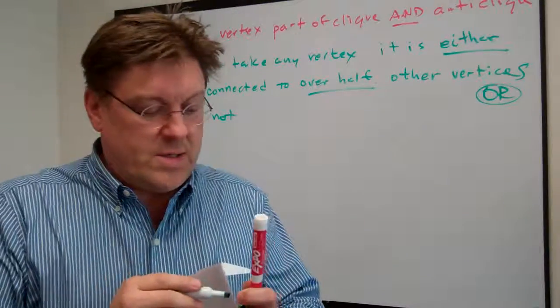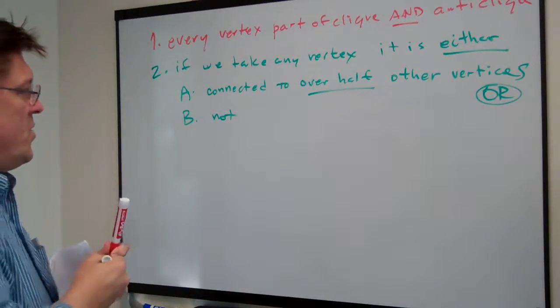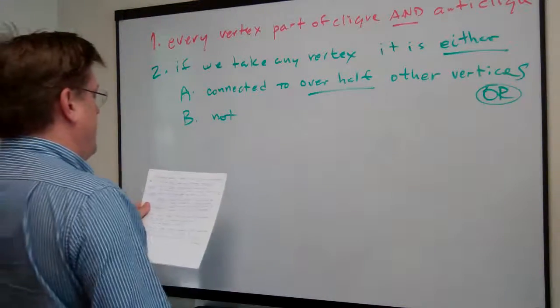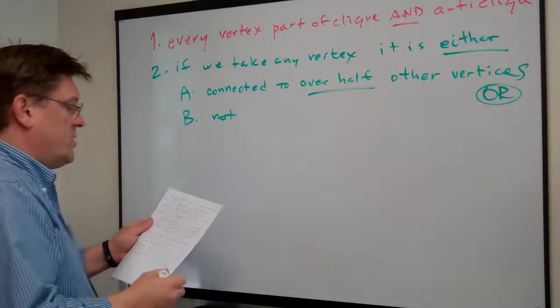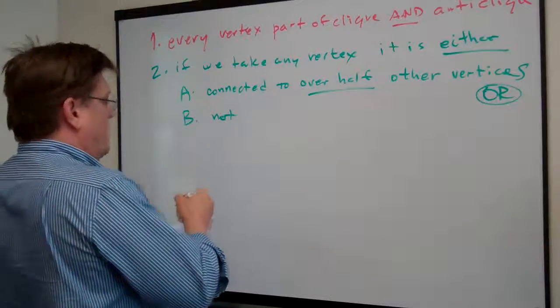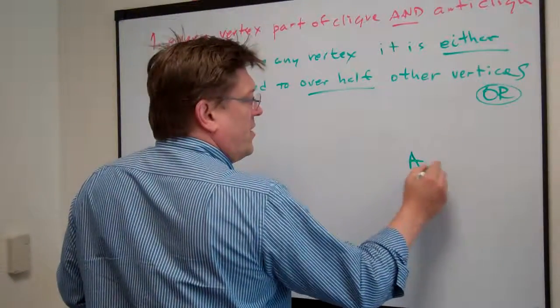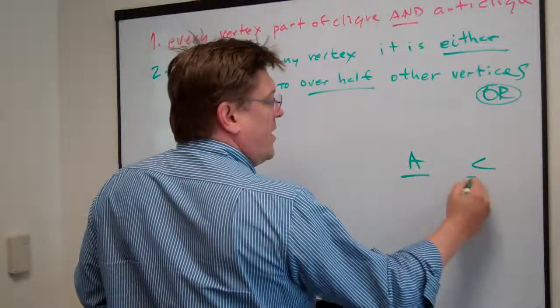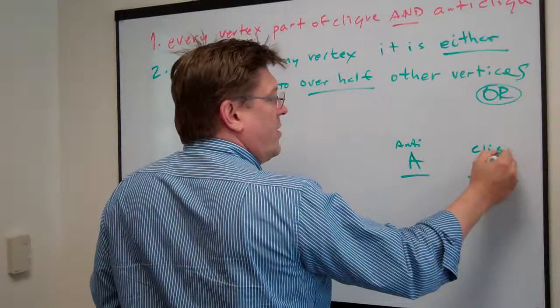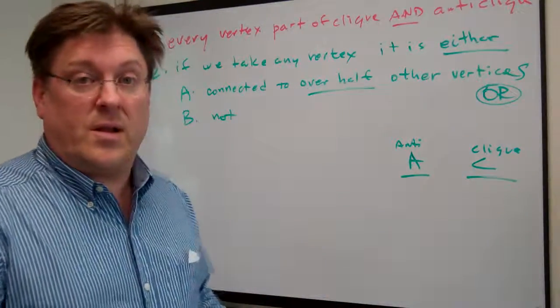It's connected to less than or equal to half of them. So if it's connected to over half of them, then what we're going to do is create two lists. We'll have a list A and a list C. This would be an anti-clique, and this would be a clique. The anti-clique list and the clique list.